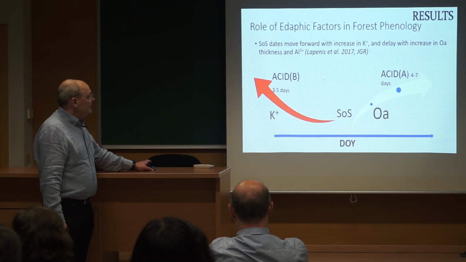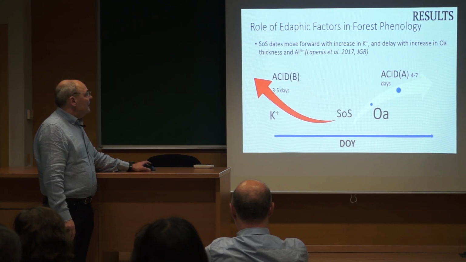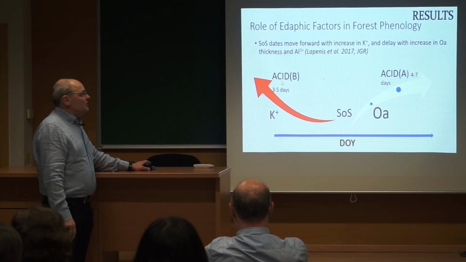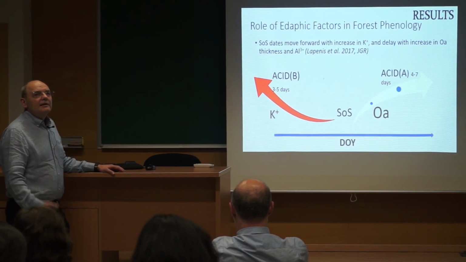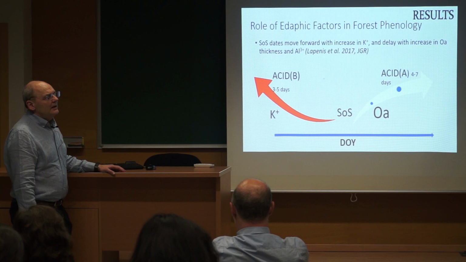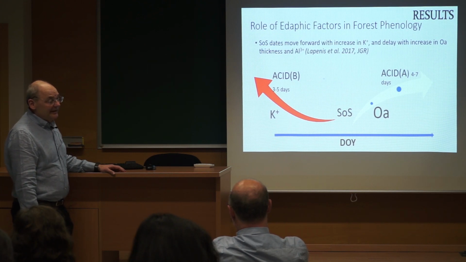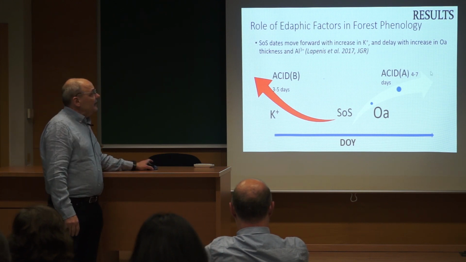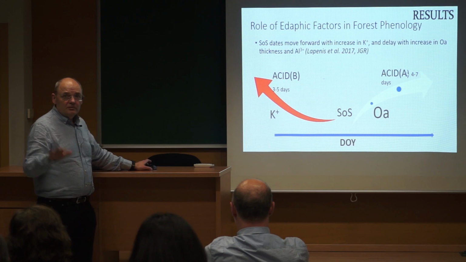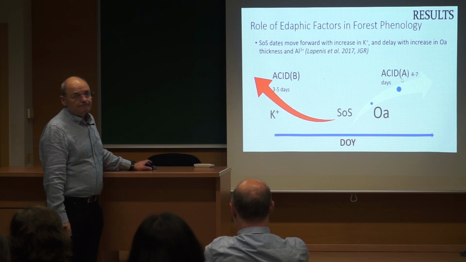These variables are the concentration of exchangeable potassium in soil and acidification of the watershed. We found the opposite, so to speak: we didn't find any connection to pH. However, what we found is that in less acidified watersheds, spring comes early, and vice versa. In acidified watersheds with very low base saturation, spring comes late.